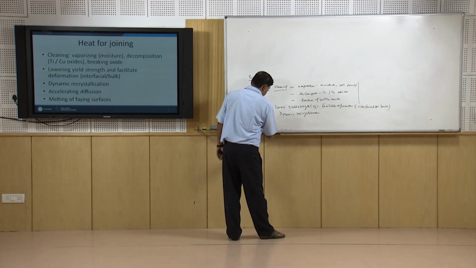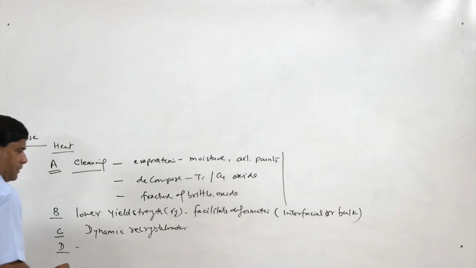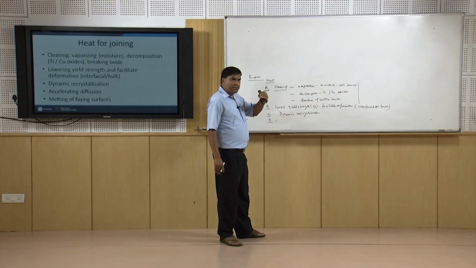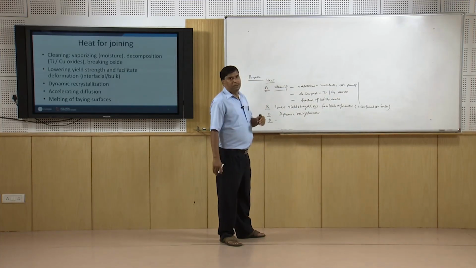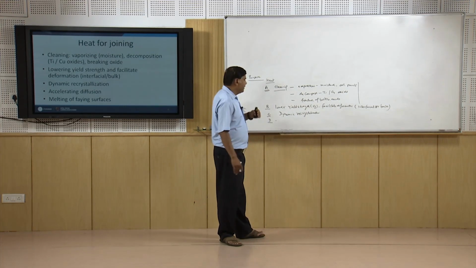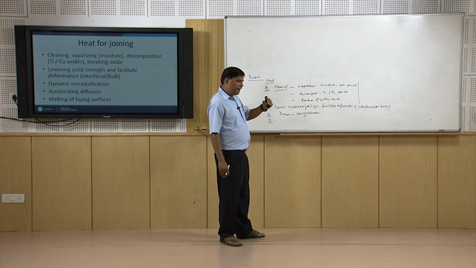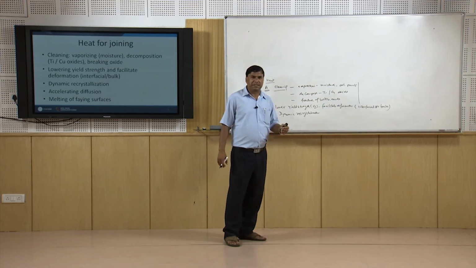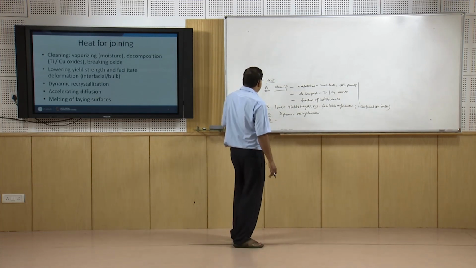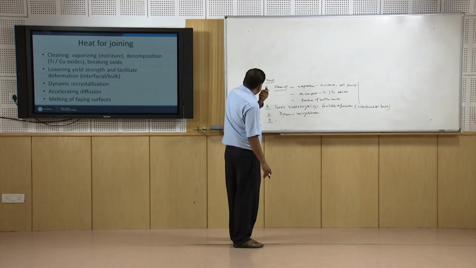Now, the fourth important purpose: you know that the diffusion rate increases with the increase in temperature. In order to develop diffusion bonds in reasonably good time, a temperature high enough, like 0.5 to 0.6 times the melting point in Kelvin, is normally achieved by the heating.